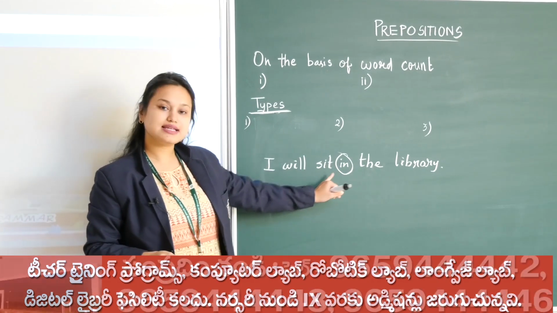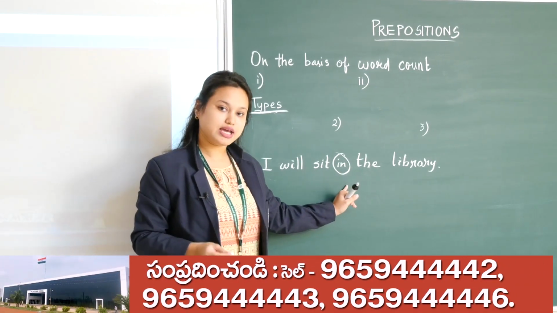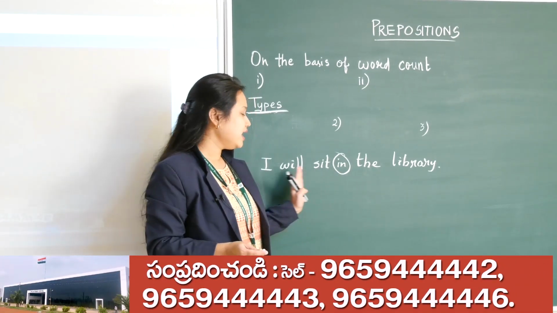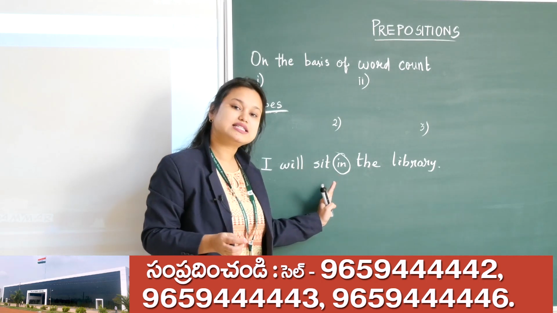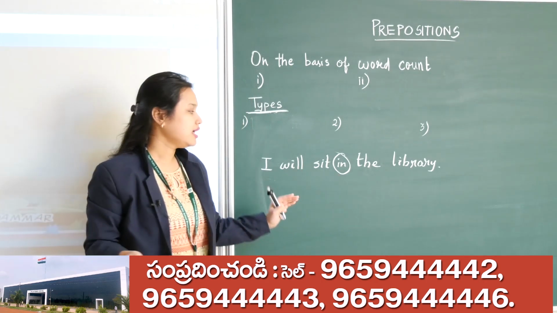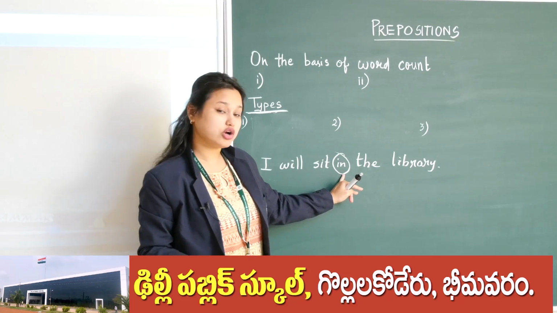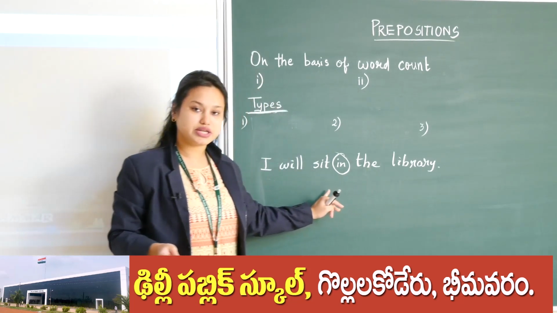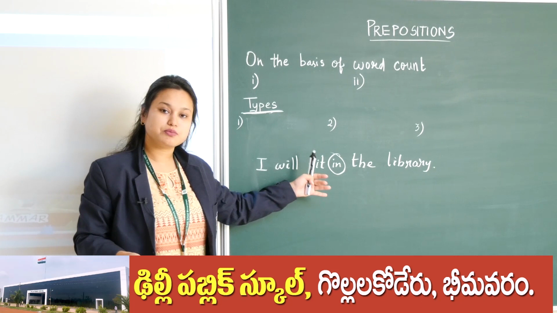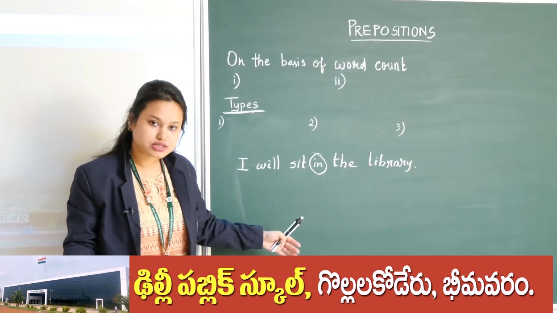When I say I will sit, I will sit itself is a full sentence. But when I join the phrase in the library, it gives more information about where the person is going to sit, right?